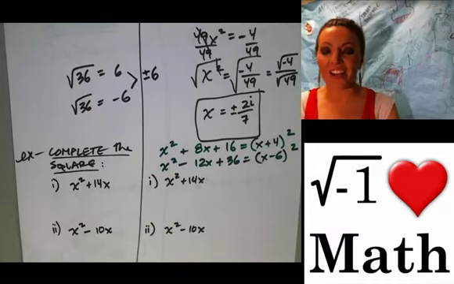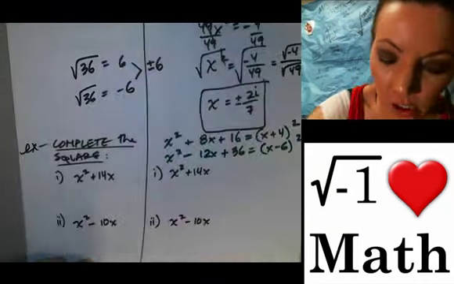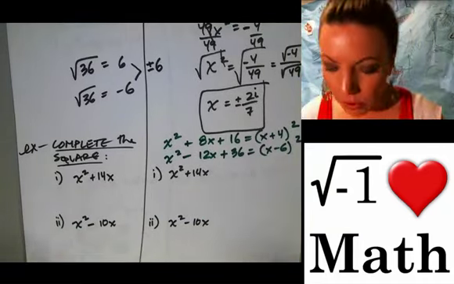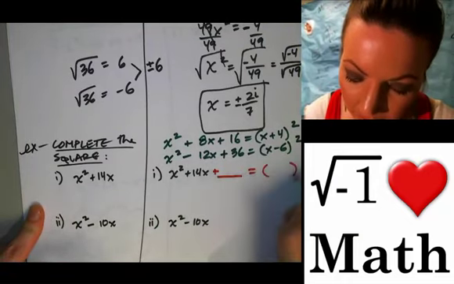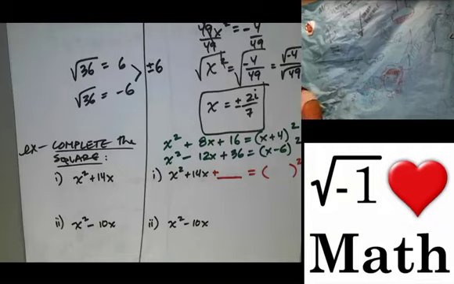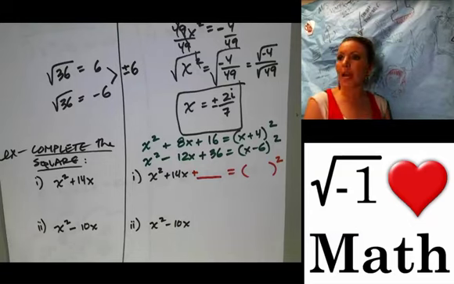Okay, so what we want to do here is follow that same pattern with these next several problems. We want to add something on the end and then write it in squared format, or in factored form. So can someone tell me what they think we have to add on to x squared plus 14x to complete the square?